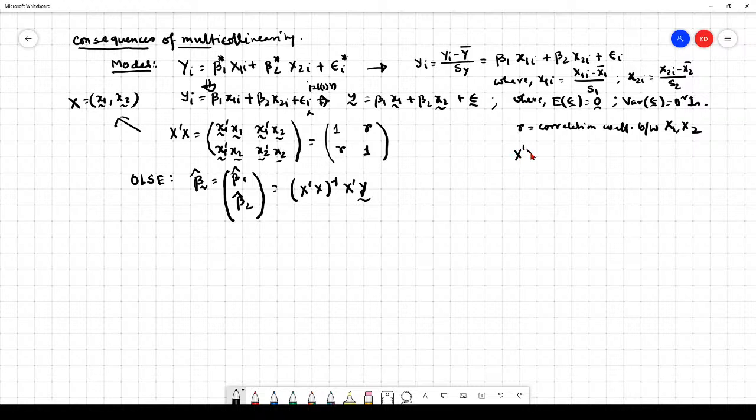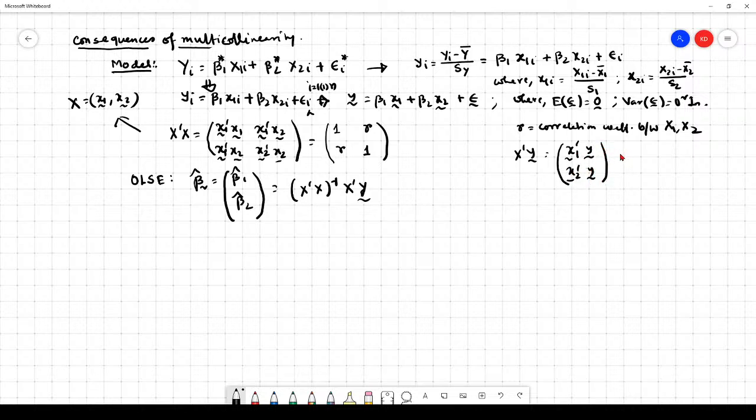Now X prime y curl is x1 prime y curl, x2 prime y curl.